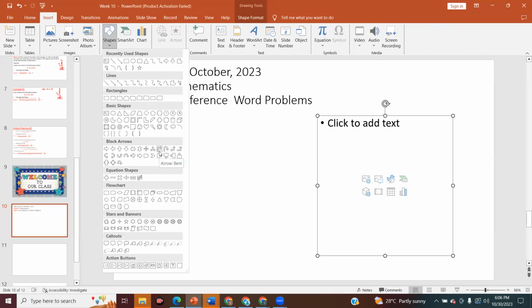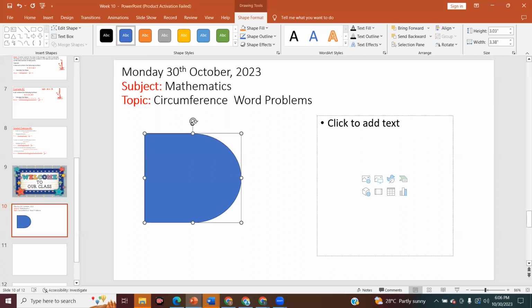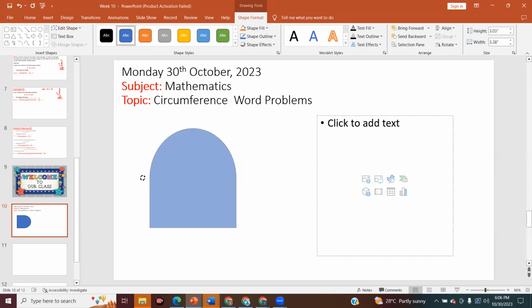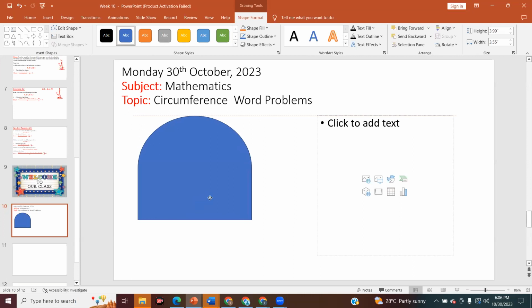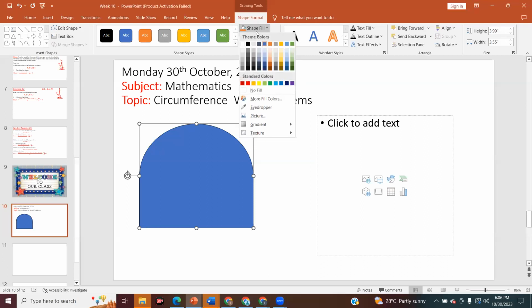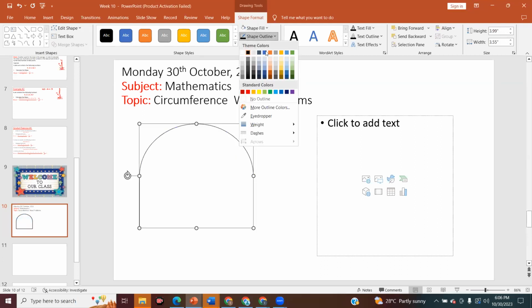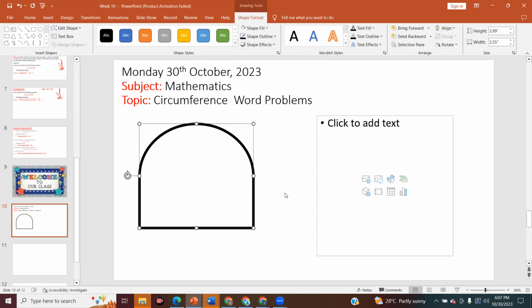We began this question last week, but we didn't finish it in totality. So I'm going to start it again so we can get a second look at it. I want you to use your ruler and pencil to draw this image. We need enough space. Let's say that the outline is black and the shape fill is white. Now remember, the circumference is the distance around the circle or the distance around the shape.